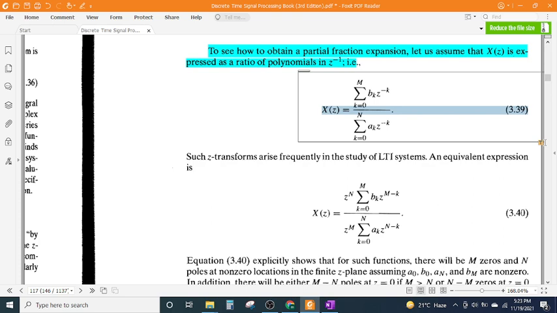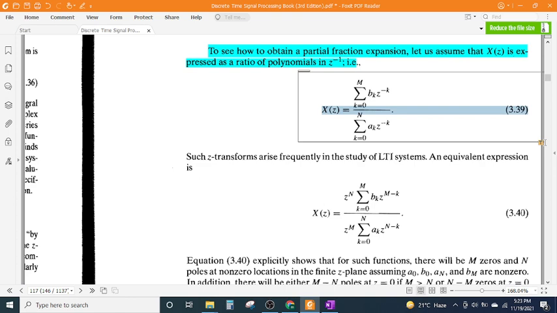An equivalent expression is X(z) = (Σ_{k=0}^{M} b_k z^M-k) / (Σ_{k=0}^{N} a_k z^N-k) (3.40). Equation 3.40 explicitly shows that for such functions, there will be M zeros and N poles at non-zero locations in the finite z-plane, assuming a0, b0, a_N, and b_M are non-zero.